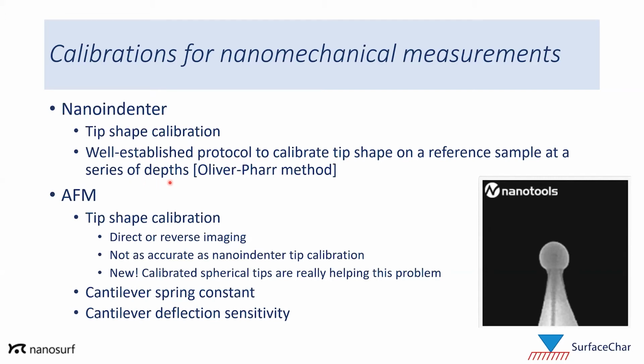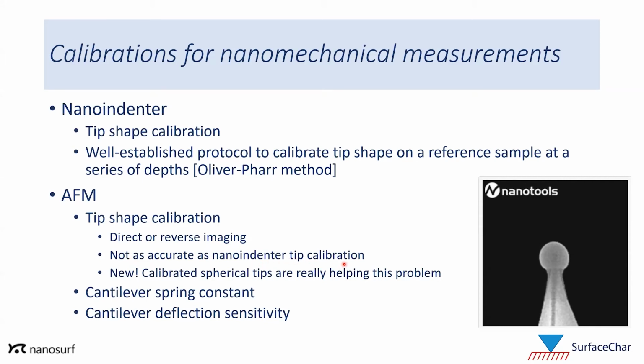And that is done through what's known as the Oliver-Pharr method. For AFM, you also have to do tip calibration, and that you can do via direct reverse imaging. Like I said, we have to do it, but I will be very honest, it's not as accurate as a nanoindenter tip calibration.